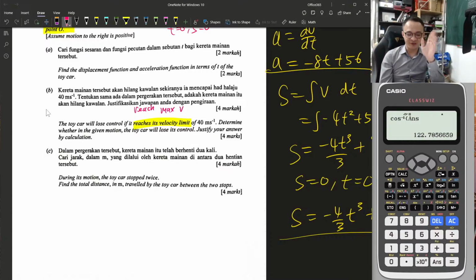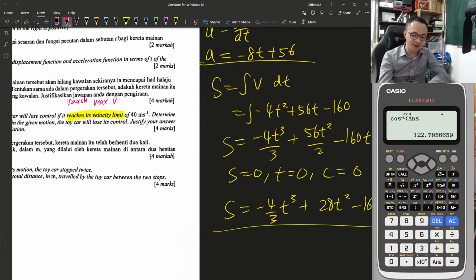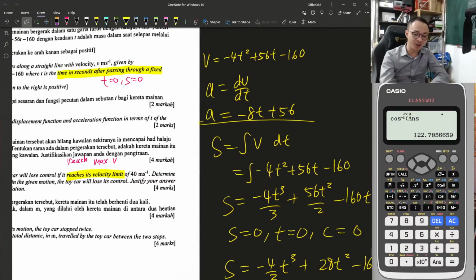So we want to find the maximum velocity for this toy car. Maximum velocity means dv/dt equals 0, and dv/dt is actually a, so a equals 0. We have the a equation on the top here. So when a equals 0, negative 8t plus 56 equals 0, t equals 7.